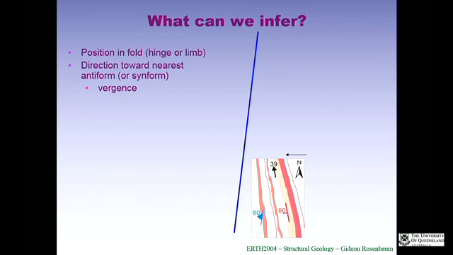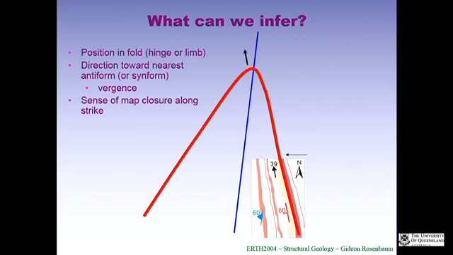Okay, and the next thing that I know is the sense of map closure, because an antiform will have the plunge going away from the structure. I know what the plunge does. The fold is cylindrical, so the plunge is going exactly in the same orientation that I got from the intersection.